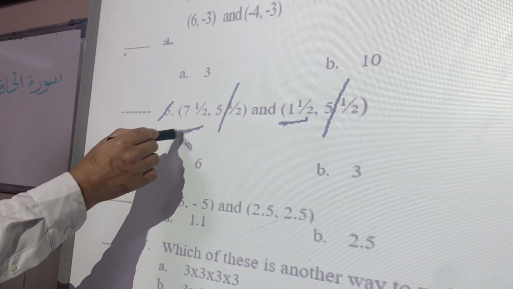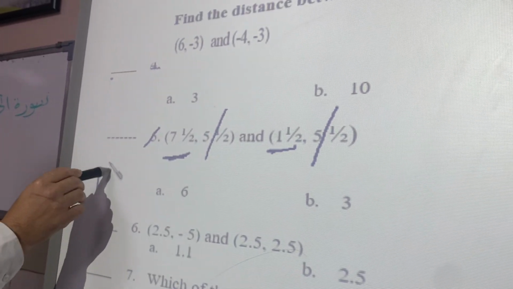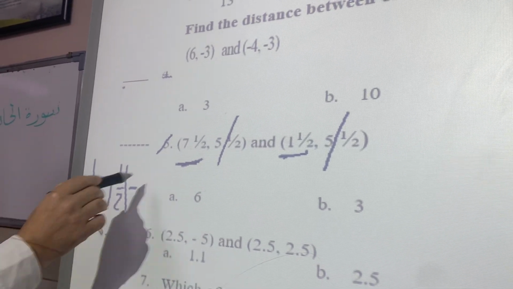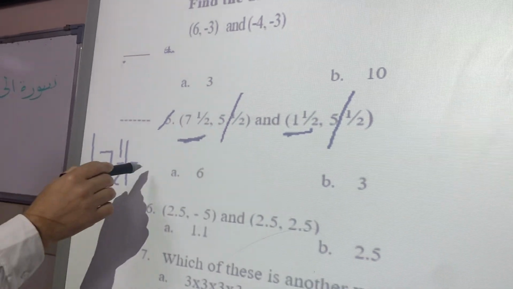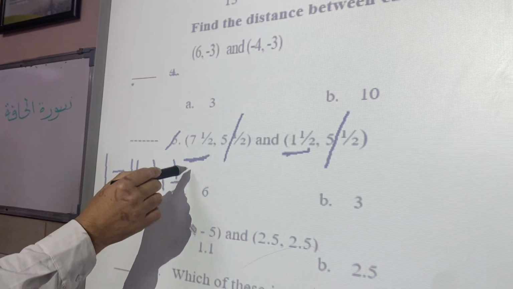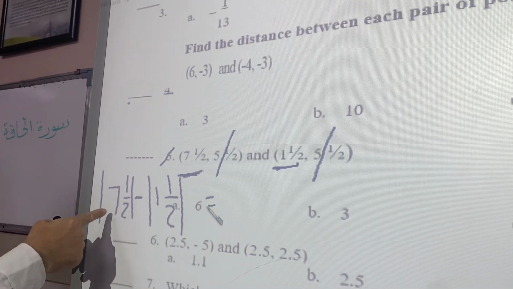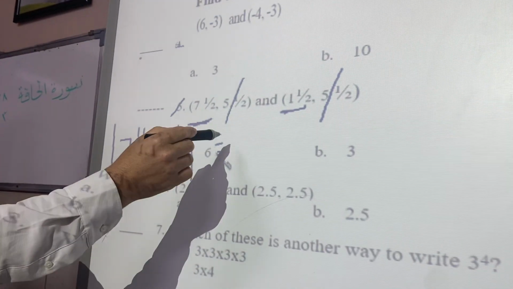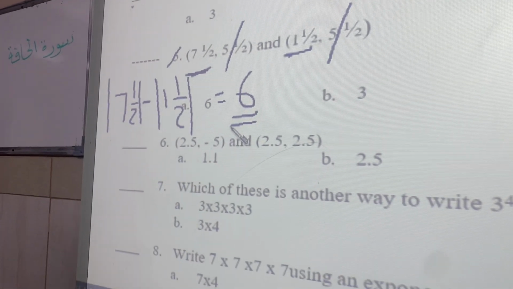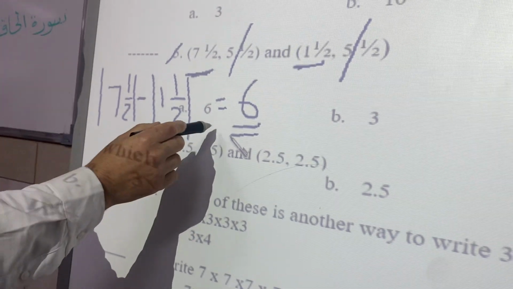The absolute value of 7 and a half minus the absolute value of 1 and a half. So it becomes 7 and a half minus 1 and a half equals 6. So the answer is 6, choice A.